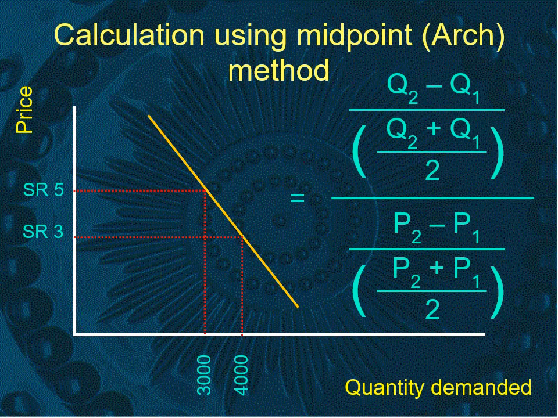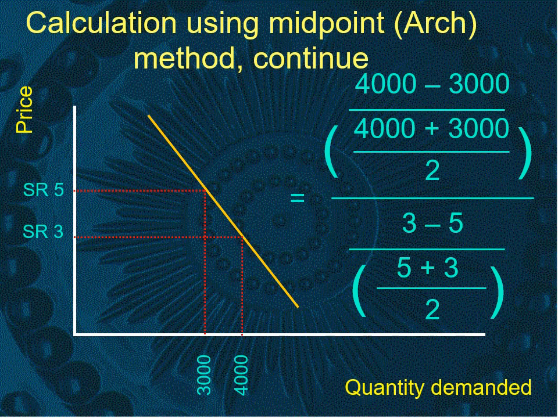To calculate the elasticity of demand using the midpoint or arc method, we need just to apply our formula where quantity 2 minus quantity 1 divided by quantity 2 plus quantity 1 divided by 2, and all of that is divided by price 2 minus price 1 divided by price 2 plus price 1 divided by 2. So applying the numbers into our equation will result in 4,000 minus 3,000 divided by 4,000 plus 3,000 divided by 2, and all of that divided by 3 minus 5 divided by 5 plus 3 divided by 2.